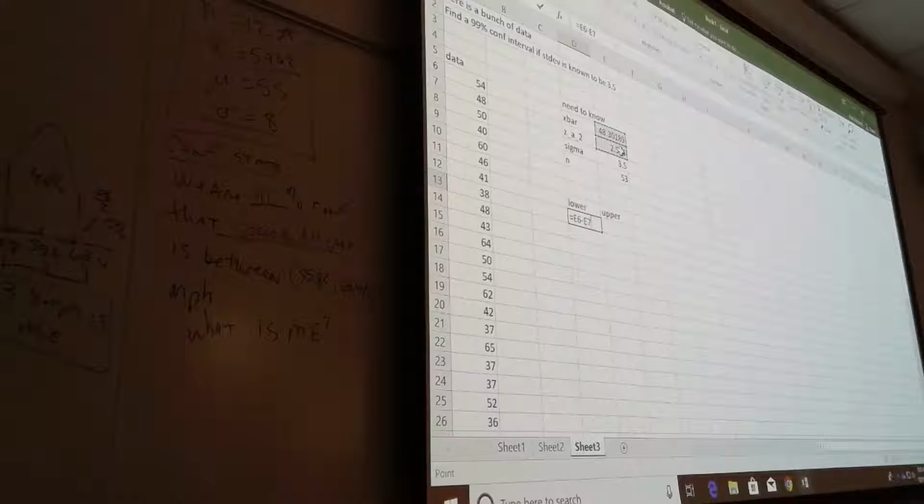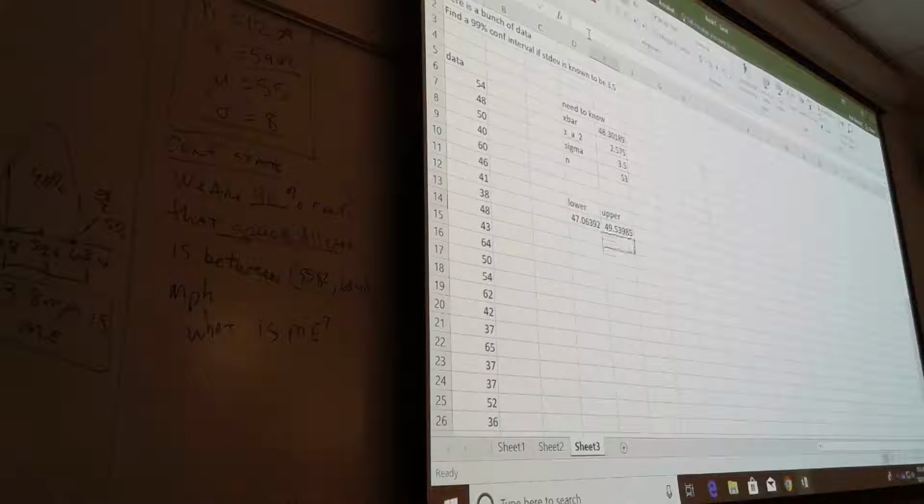Times sigma, divided by the square root of 53. Not just 53, don't forget your square root. Now, if you copy it here, it won't work. But if you copy it up here, press Control C and paste it, what's the only thing I need to change now? Minus 2.